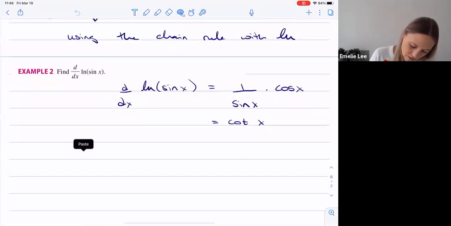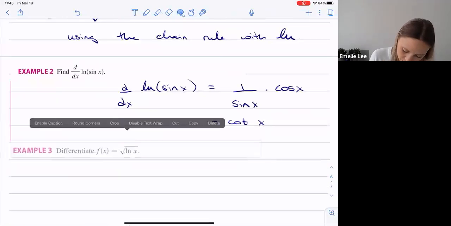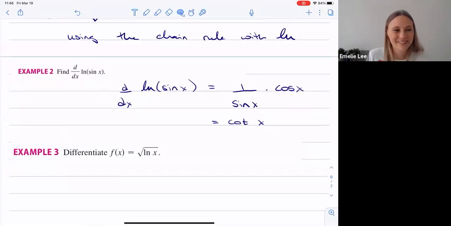So notice that these are all itty bitty compared to what we have been doing. Okay. So now I have the chain rule again, but now I have the log of x on the inside of the square root.